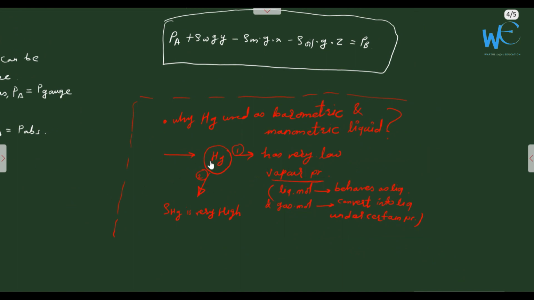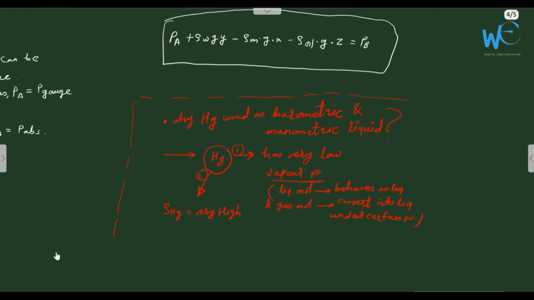The answer is that mercury has two properties. First, mercury has very low vapor pressure, and second, mercury has very high density. We already calculated this above, right?